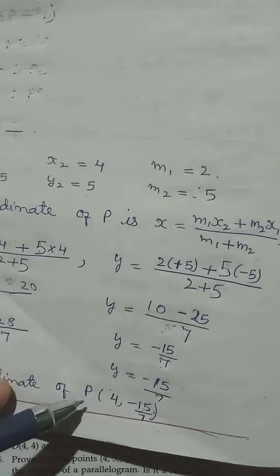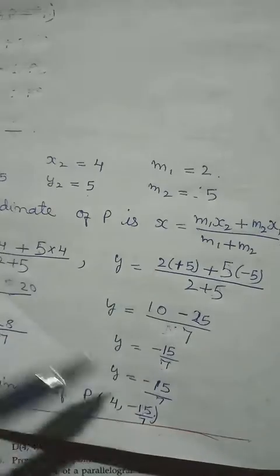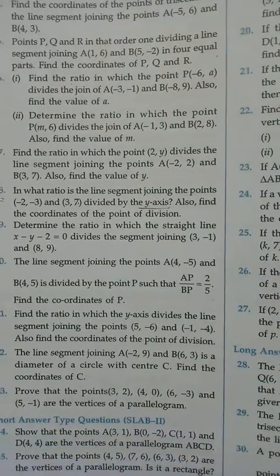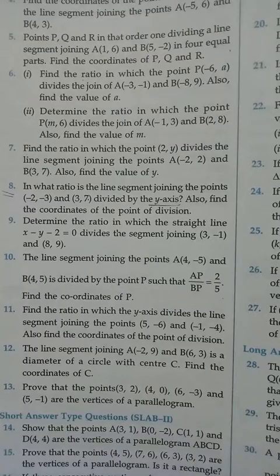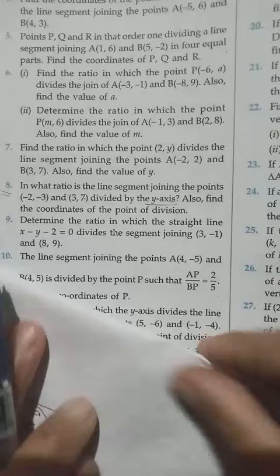So the coordinates of the point P, which divides the given line in the ratio 2:5, are 4, minus 15 by 7. Next, we'll move on to question number 11. We have to find the ratio in which the y-axis divides the line.